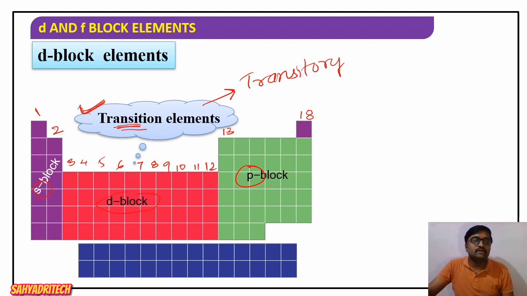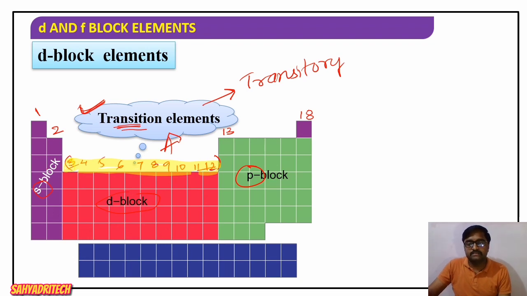So group numbers 3 to 12 constitute the transition elements of the periodic table. They are placed in between the S and P block elements, in groups 3 to 12, and they constitute the D block elements, or transition elements.